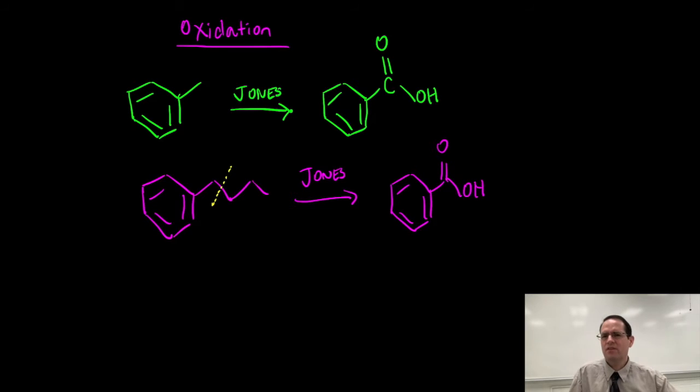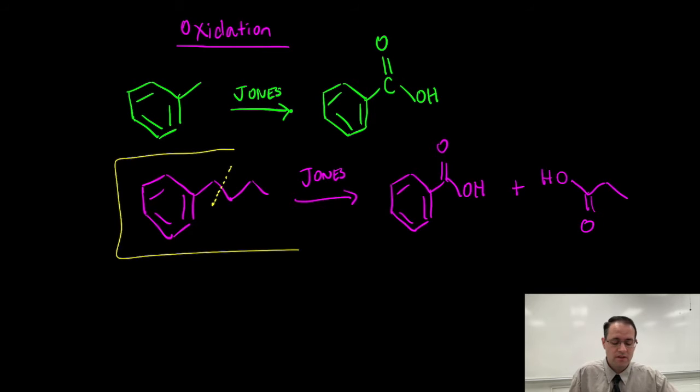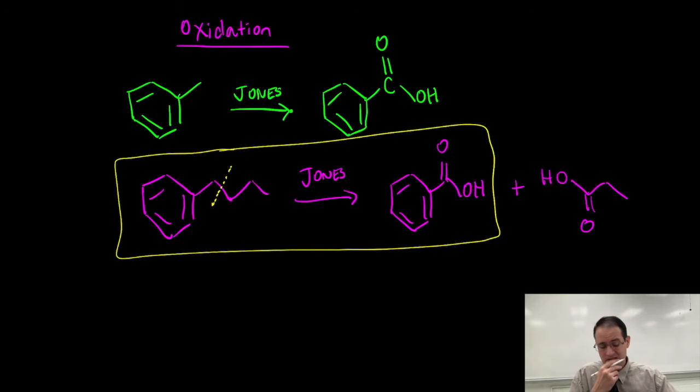And you're essentially throwing away the other three. That's going to form a carboxylic acid. Normally we're focused on the aromatic chemistry here, so we would draw this as the major product there.